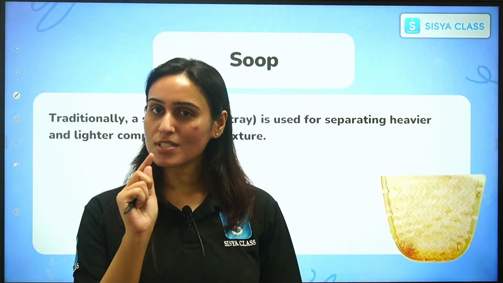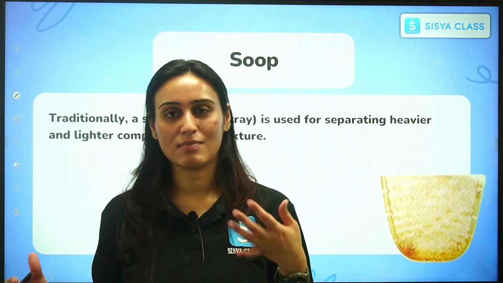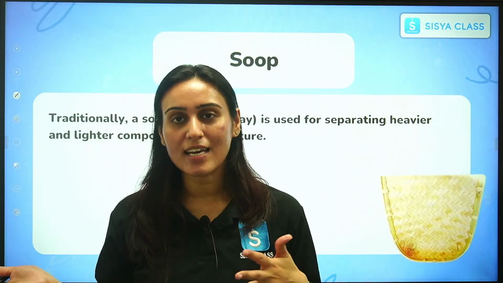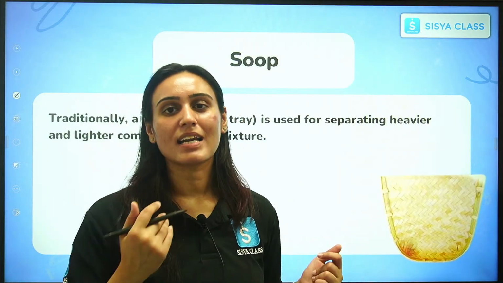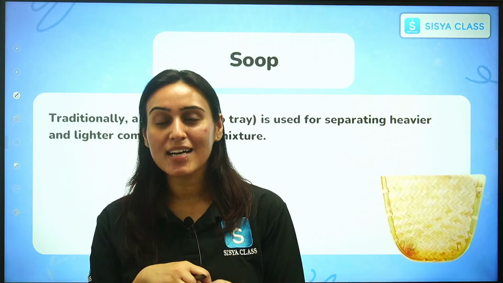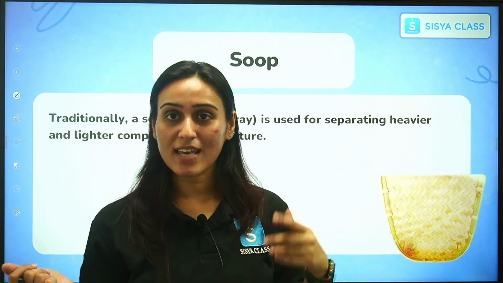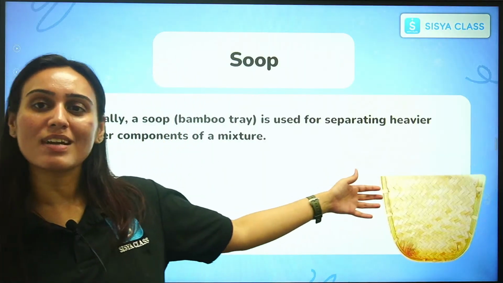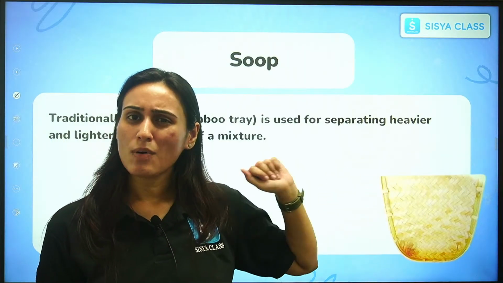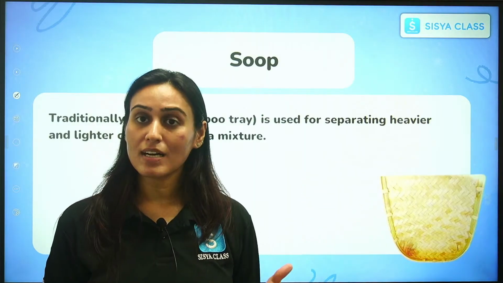So we are going to use that same technique, but we are going to use a different method for that, because we have a lot of grains, right? We are not trying to eat all the grains in one go, so it will be more than what we can fit in our hand. So we are going to use a special equipment for that. What are we going to use, everyone? We are going to use this bamboo tray that we call soup. What is the purpose of taking that bamboo tray? What are we trying to achieve here?